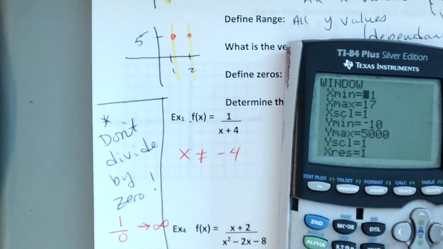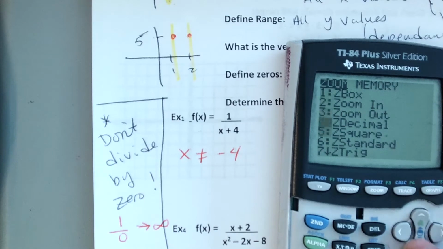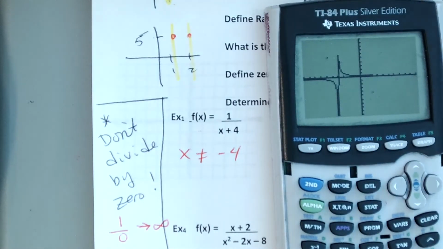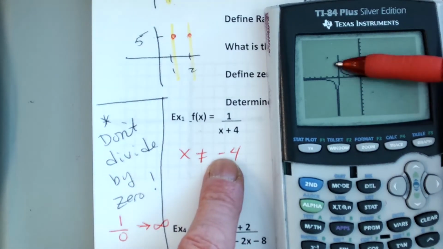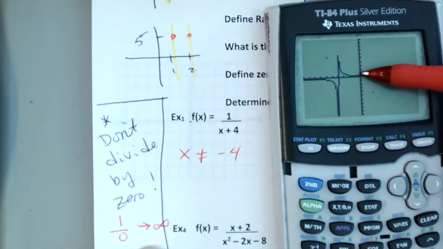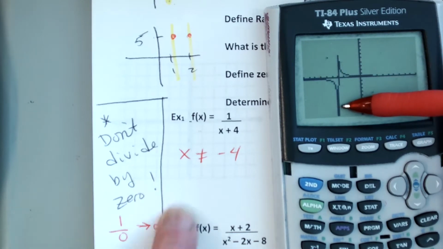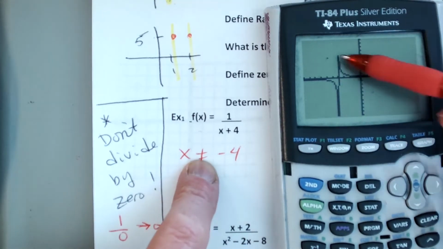Let me get a better window. Zoom. There we go. What's happening at negative 4? It just kind of flips out, right? What happens is it's going to infinity, and it's going to negative infinity. So here's a great example.